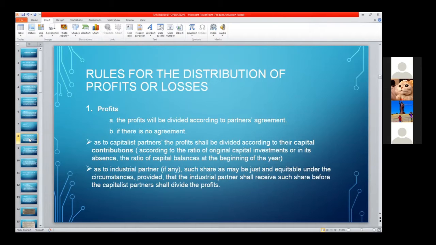So, meron pa rin siyang marereceive. Tapos, mas mauuna siyang makareceive ng profit bago paghatian ng mga capitalist partner yung profits nila. And next slide.